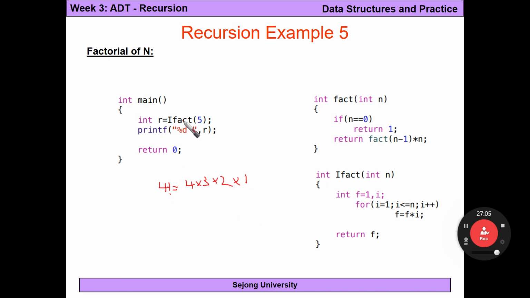So this is by using the iterative method and by using loop. Here it is multiplying it with the previous and storing it into the variable f. Here it is using the recursive approach.